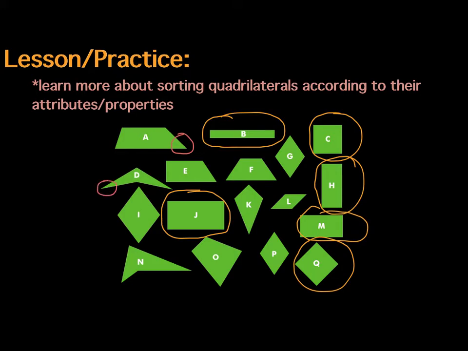Letter I, I believe it does. What about letter N? Yes. What about E? I believe so. Okay, so you can kind of see that I can go through and sort these quadrilaterals based on angles. I could probably do size if I wanted to, like small and large. So there's lots of different ways that we can sort this.